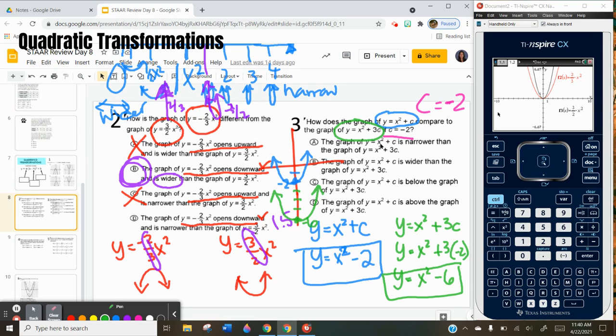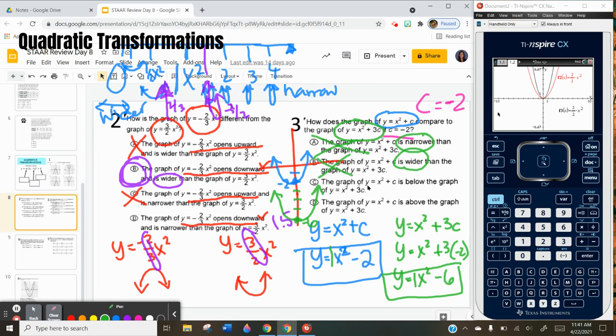A says the graph of x squared plus c, the first graph, is narrower than the second one. I didn't change anything to the number in front of x squared. It's 1 in front of both of them, so that's not true. B says the graph is wider. It didn't become wider than the other graph. It's just moved down.